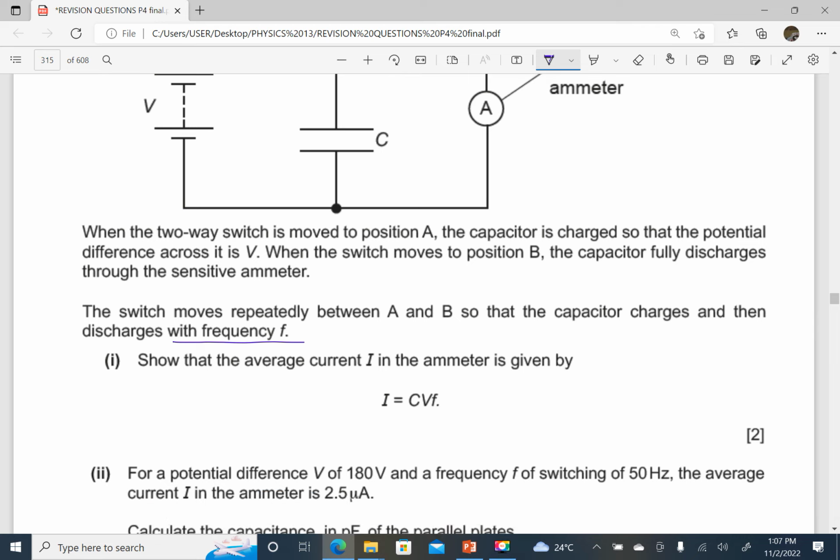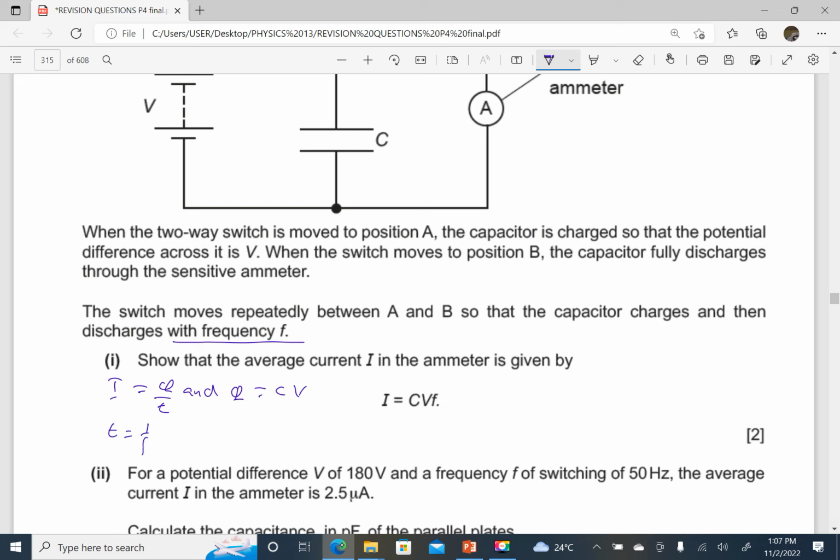So that the average current I in the ammeter is given by that. We know that current is charge over time. But we know that charge is capacitance times V. We know also that the time is 1 over the frequency, which means the frequency is 1 over the time it takes for just one charge and discharge.